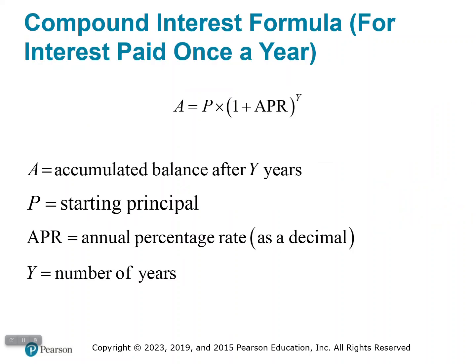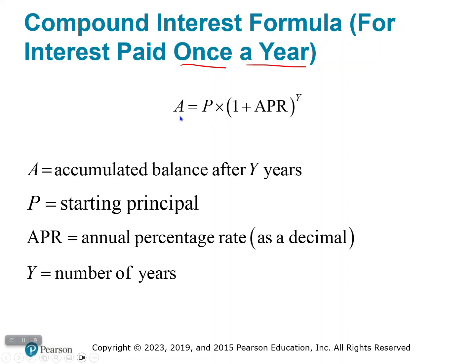All right, here's our compound interest formula for interest paid only once a year. This is key, only once a year. We're not talking quarterly, monthly, daily, continuously, semi-annually, all those different things. Only once a year.